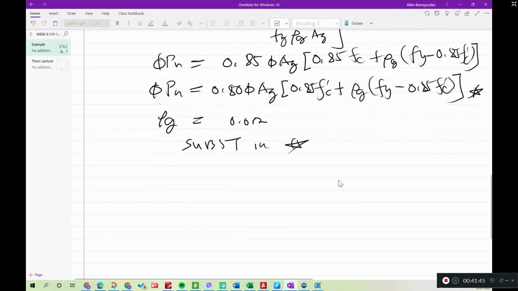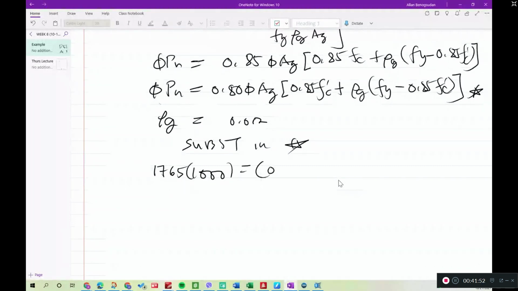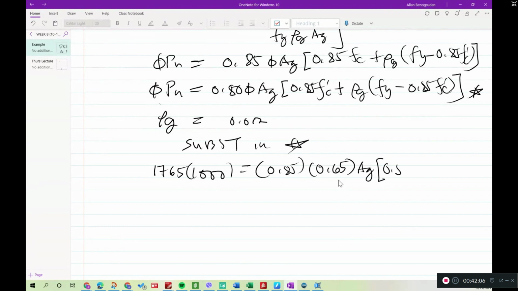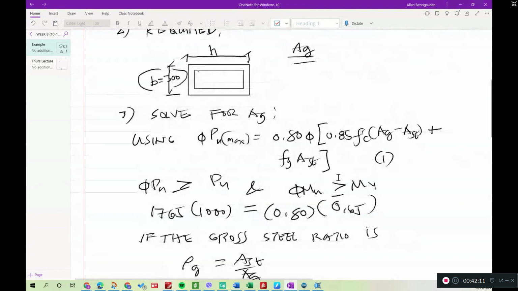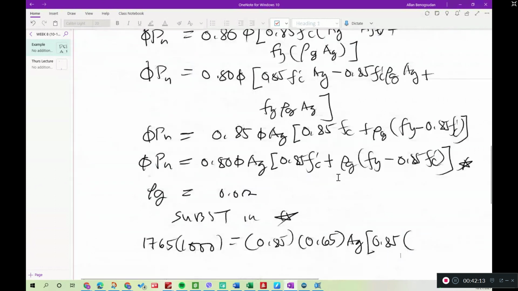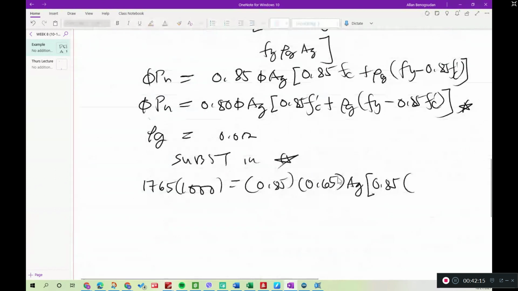Can you follow? So 1765 times 1000 is equal to 0.85 multiplied by 0.65, then times AG, then 0.85 of how much is the F prime C? 30.